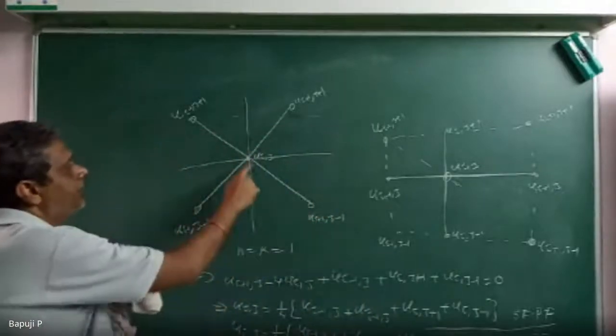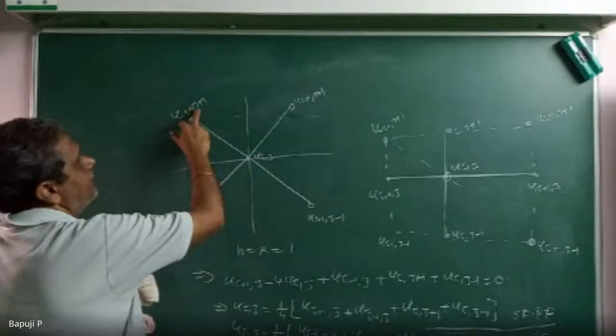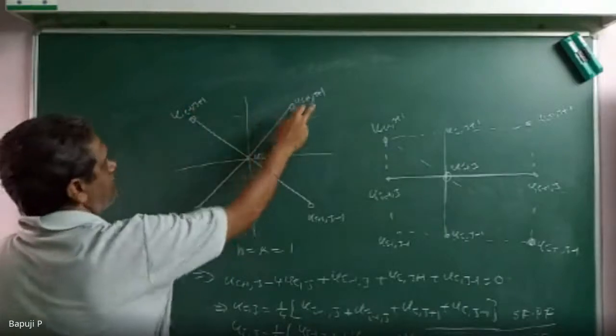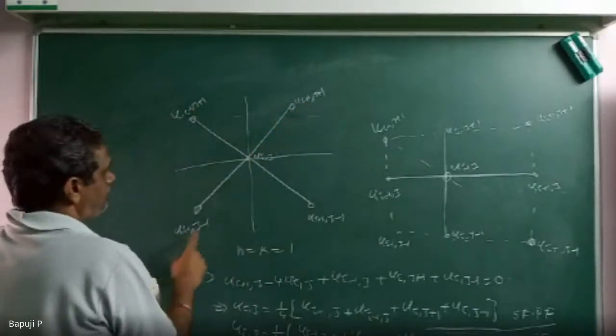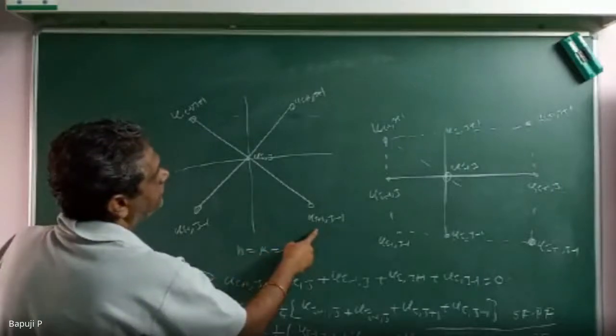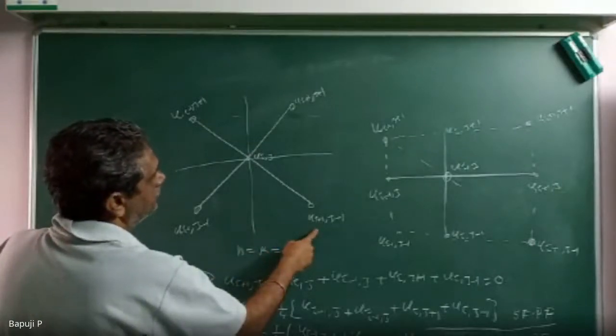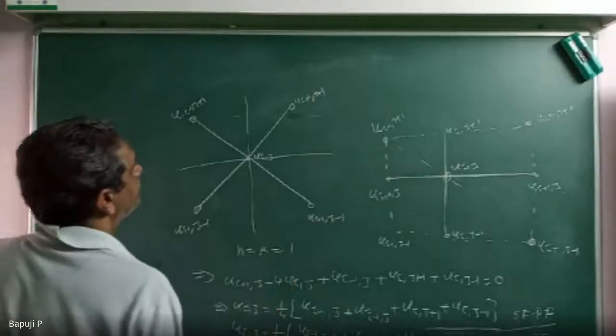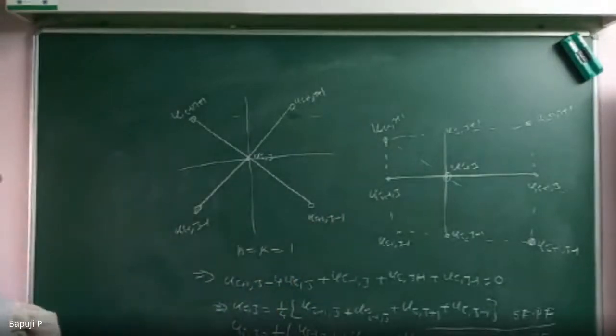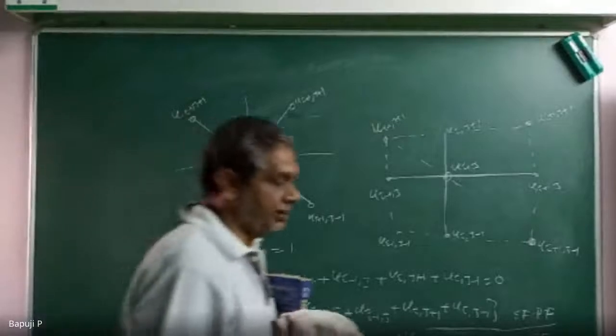Or you can write U(i,j) using U(i-1,j+1), U(i+1,j+1), U(i-1,j-1) and U(i+1,j-1). That is called the diagonal 5-point formula.